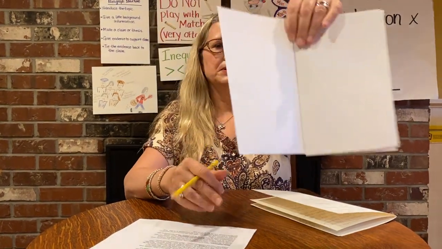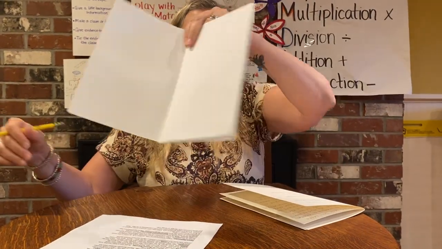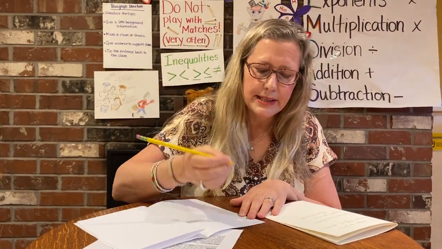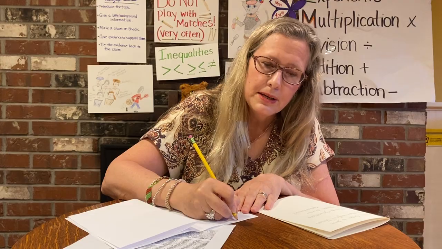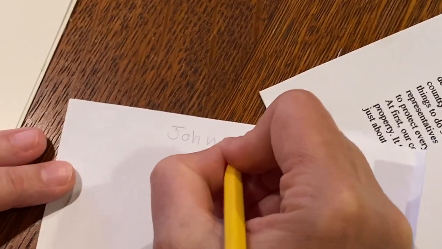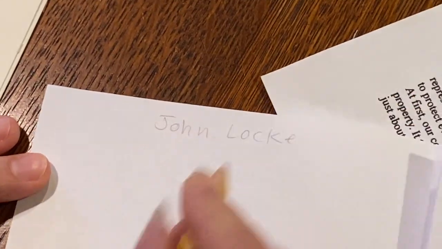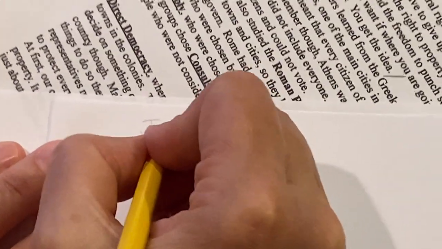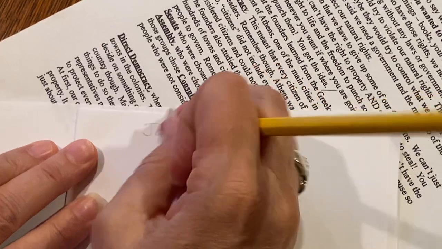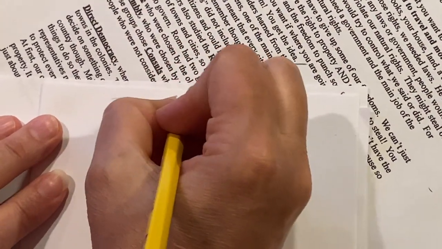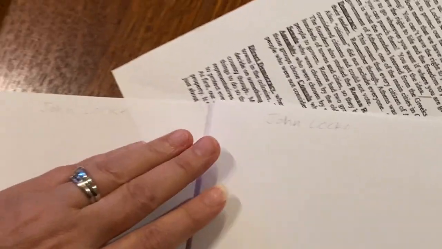Then you want to open up to your first page, and that first page, actually the second page too, I'm going to write super lightly. I'm barely pressing down. I'm just going to write John Locke, because that's what's going to go on this page, is information about John Locke. And on this second page also John Locke. Super light, yeah?